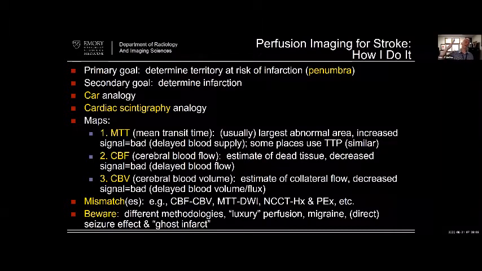And then you look at the CBV and it's normalized or relatively normalized. For an infarction, the CBF and the CBV would match. So then for territory at risk for infarction, there would be a mismatch between CBF and CBV, or potentially salvageable tissue. That's the big picture kind of thought process. There's a lot of stuff that muddies the waters.